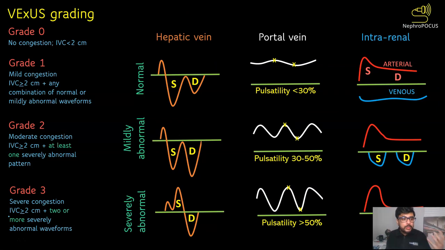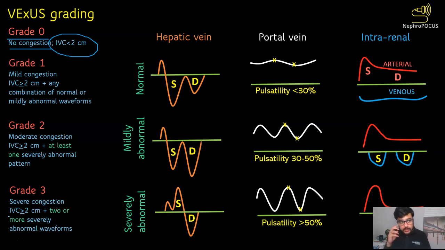Now, how do we put all this in one place and try to grade or quantify congestion? You call VExUS grade 0, or no congestion, if the IVC is less than 2 centimeters. Again, you have to take it with a pinch of salt because it's obtained from a Canadian cohort of adult patients.